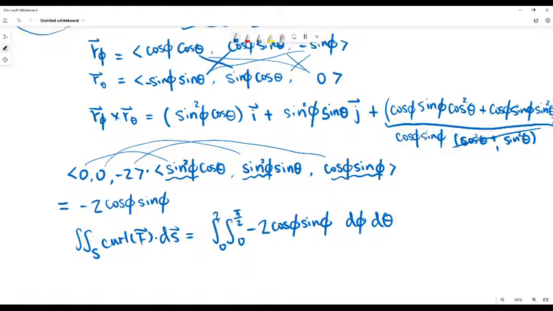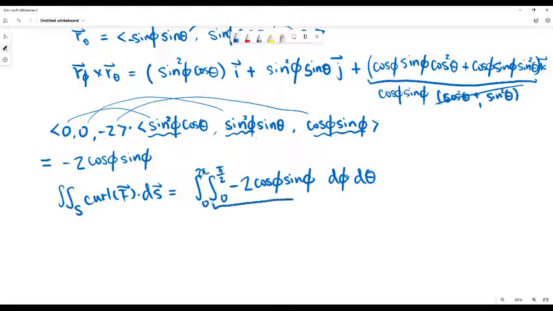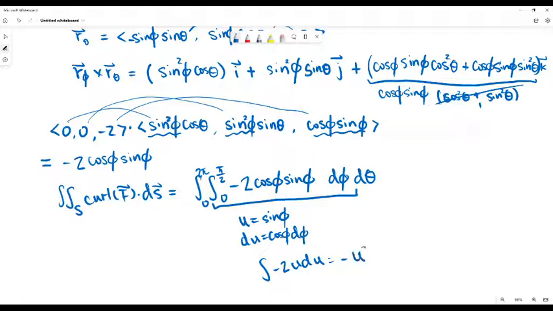My theta is from 0 to 2 pi. And to integrate something like this, inside about phi, we can do a u-sub. If my u is sine phi, my du will cover that cosine phi part. So we're just integrating negative 2u, which would give us negative u squared.